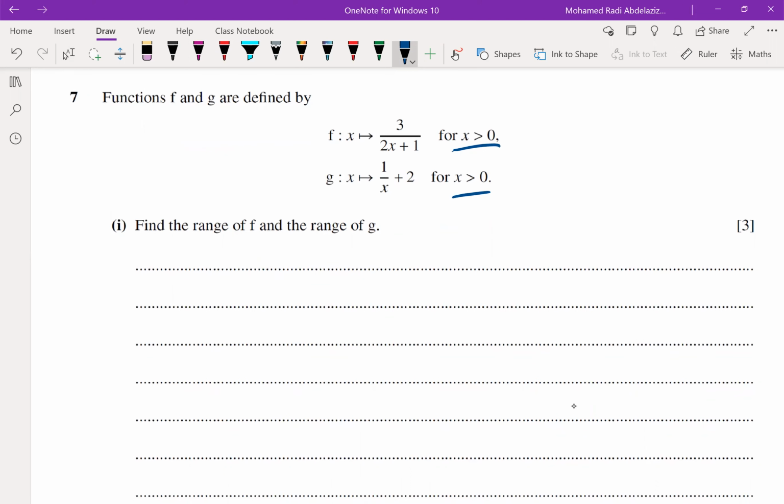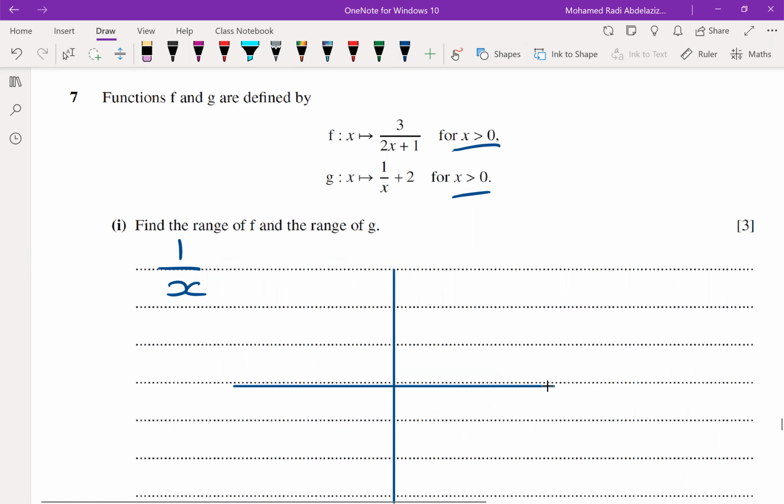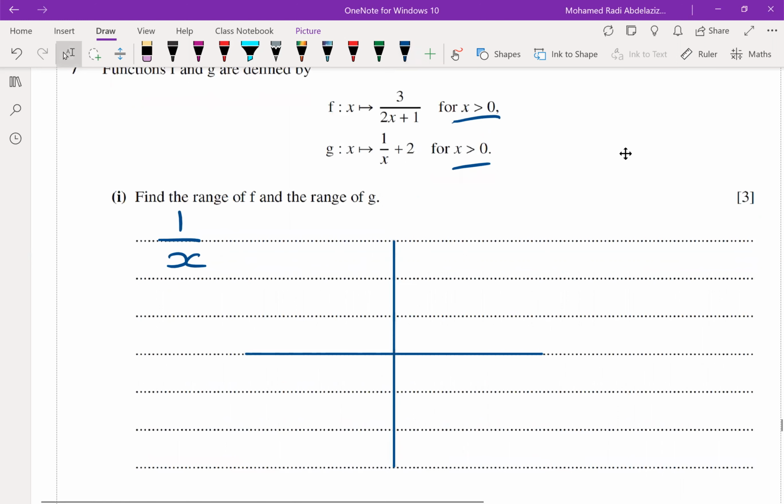Before we start, to explain the range of the reciprocal function, recognize the graph of 1/x. The asymptotes are the x-axis and the y-axis, and the reflection point is (0, 0). The graph of the function will be like this.